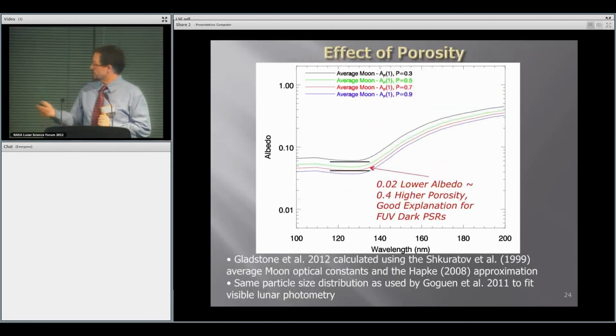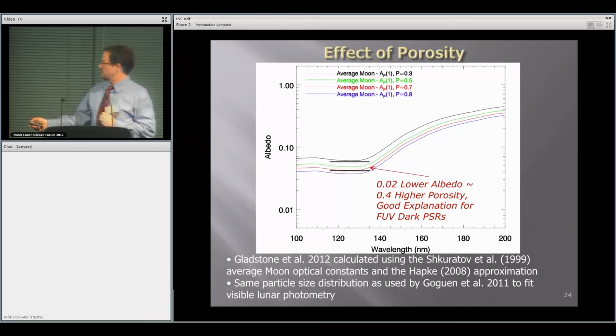I'll show if we take the next step, and knowing that these plane albedos are the important ones for us to be thinking about, the Hapke 2008 paper that deals with porosity approximations can be folded into this type of simulation. And when Randy Gladstone did that, he plotted porosities at 0.3, 0.5, 0.7, 0.9 in these different colors.